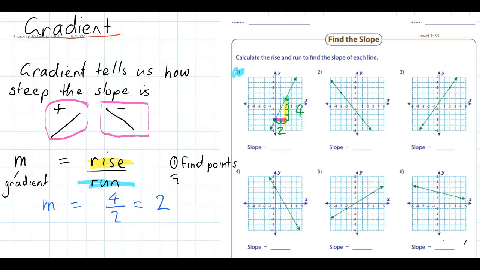The second one is to count your rise and run, 4 up, 2 across. And then finally, you sub in. So where you see the rise, you write your rise number, and where you see the run, you write the run number.